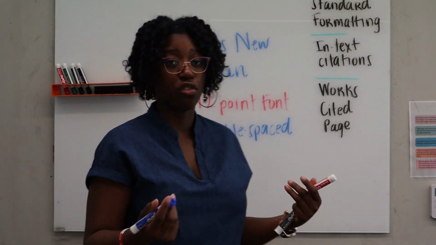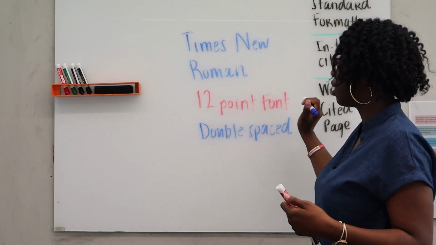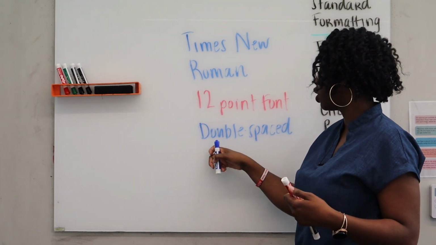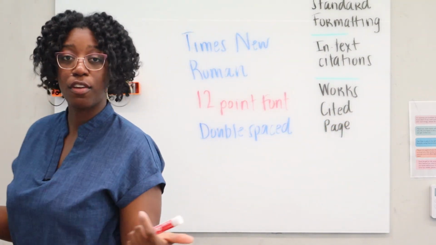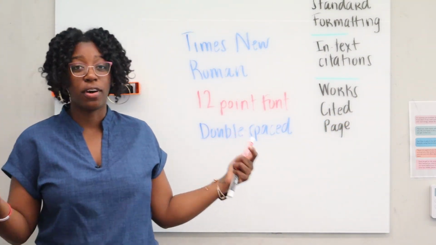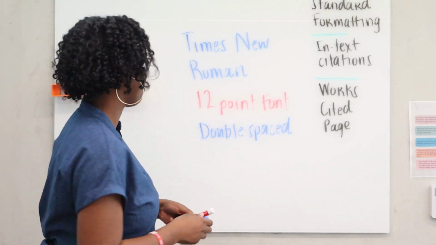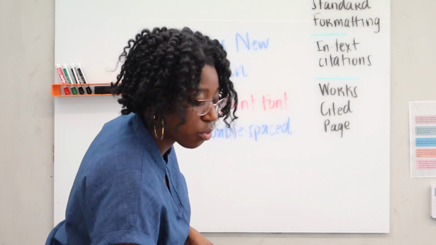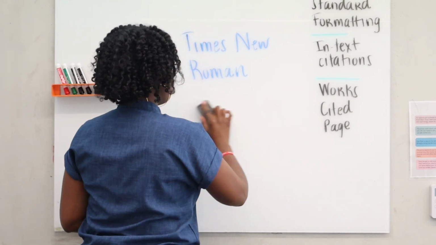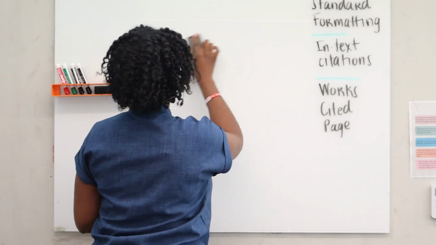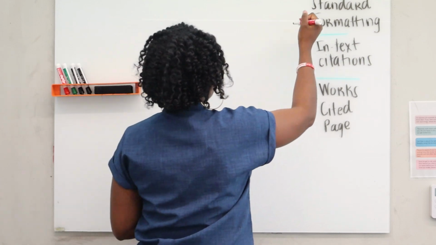So again, Times New Roman should be the font that you use. You should be typing in 12-point font, and it should be double spaced. And feel free to pause at any moment to make sure you are getting all the notes that you need. So that covers it for standard formatting.